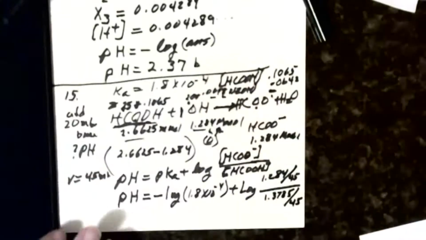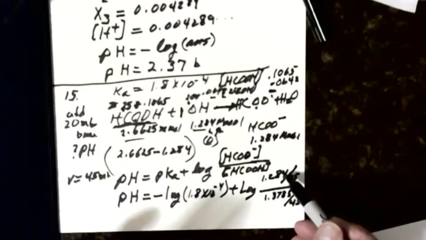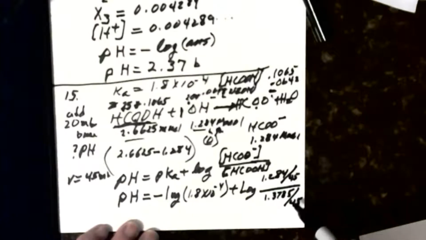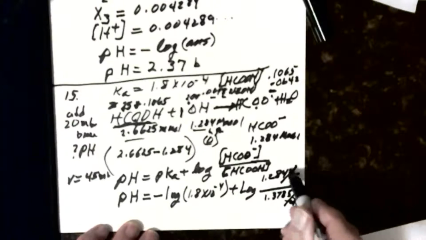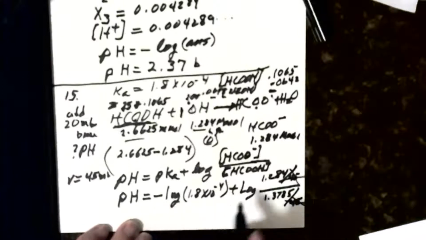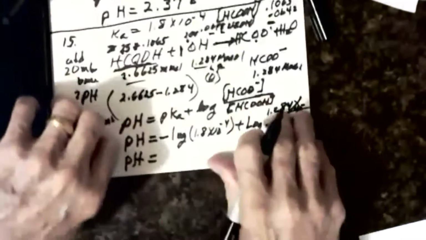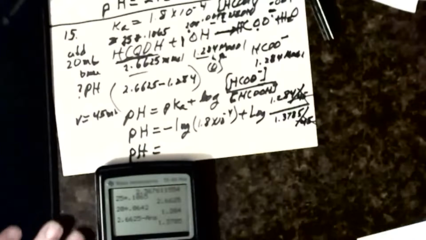So what I wanted to show you is I didn't go ahead and do that division, because I knew ahead of time that the volume was going to cancel out. So I don't really have to do that division. That saves me a step. So all I've got to do now is do what it says there. The pH is equal to, let me pull my calculator over here where you can see it.